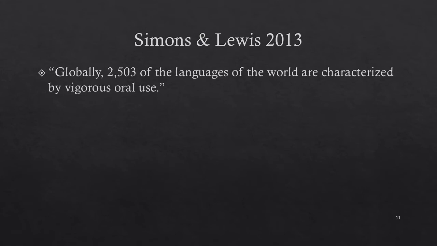Another interesting quote we're thinking about from Simons and Lewis, they say that globally, 2,503 of the languages of the world are characterized by vigorous oral use. It's an interesting quote because they are pointing out that about 1/3 of the languages spoken in the world are in a situation where it's actually quite difficult to assess the language vitality.